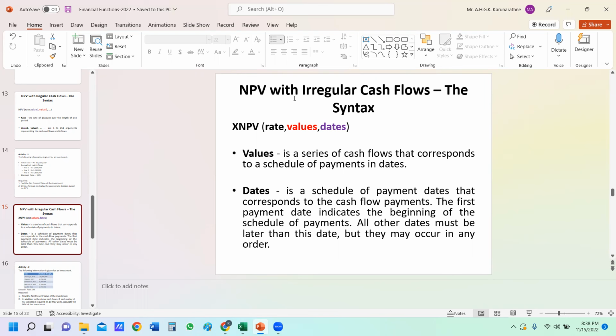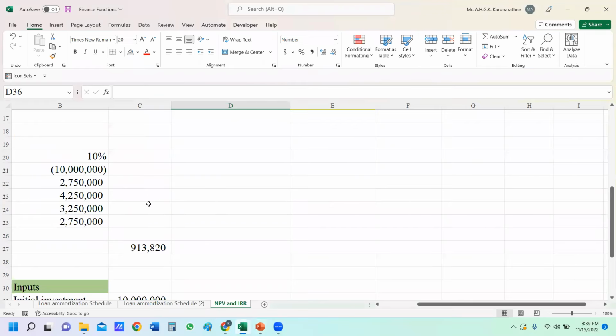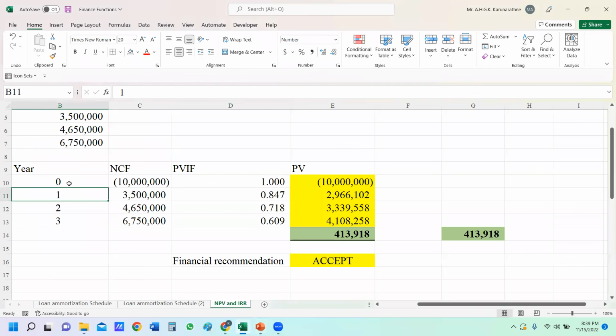So instead, consider the cash flows on the day they are generated. That is irregular cash flow, right? You consider the exact date on which the cash flows are generated. Then we cannot assume cash flows occur at the end of each year.